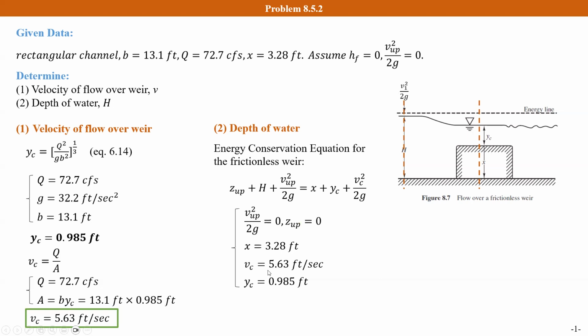And we just calculated the critical depth and the velocity over the weir. After we bring these values into the energy equation, we can get the depth of water at the upstream, it equals 4.76 feet.